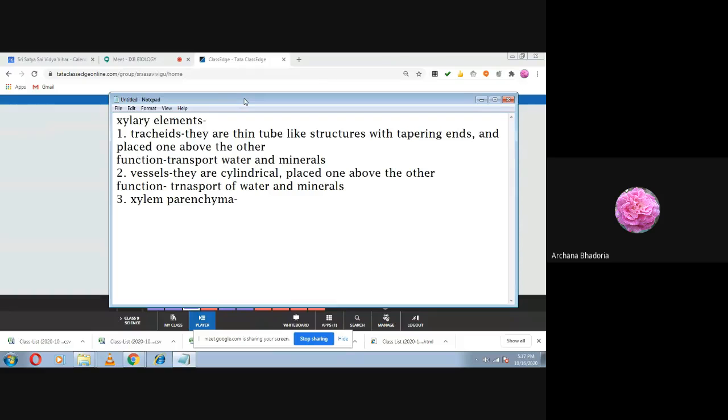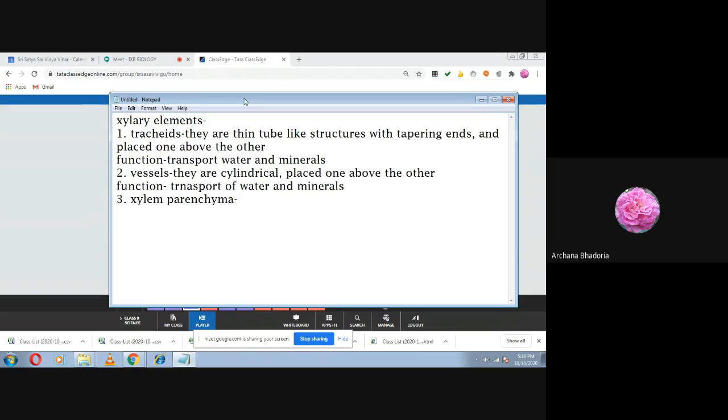Can anyone tell me what are the features of the parenchyma? Large storage of food. They are made up of living cells. They have thin cell walls made up of cellulose, intercellular spaces and large vacuoles.